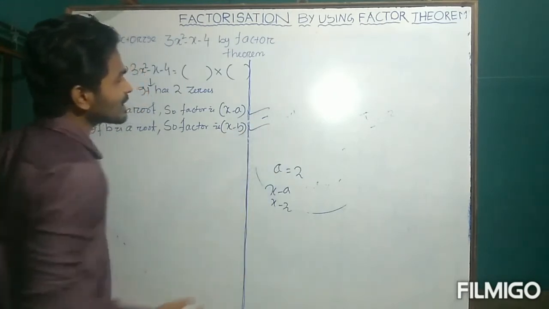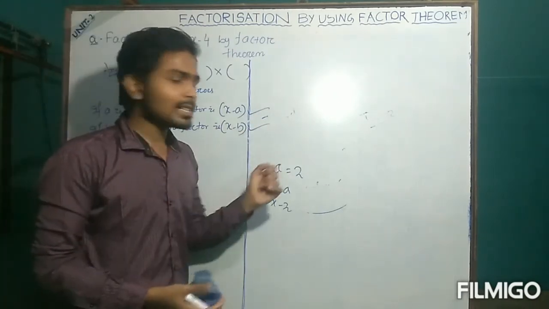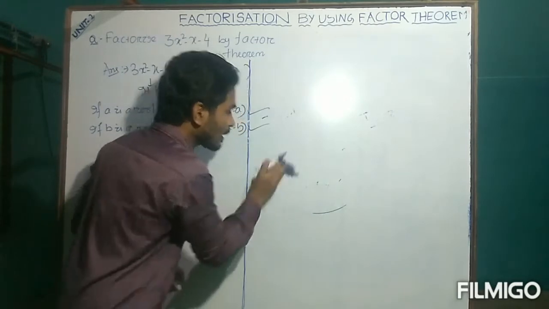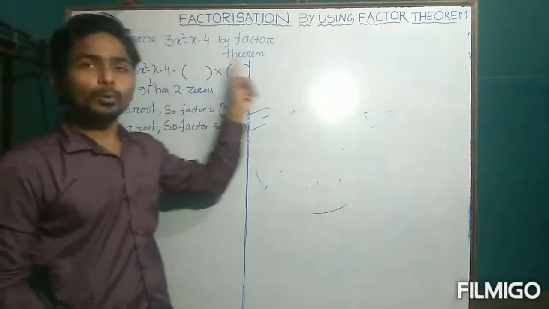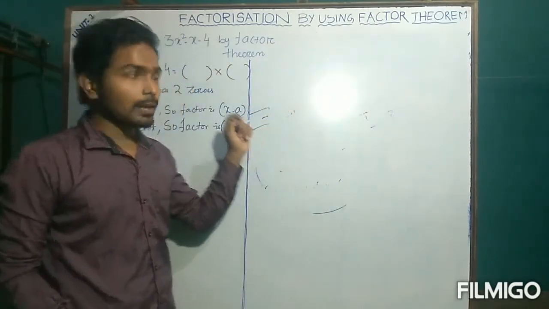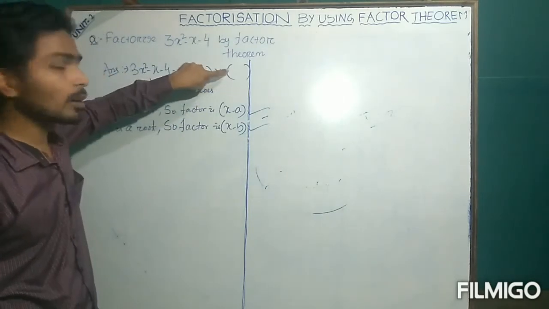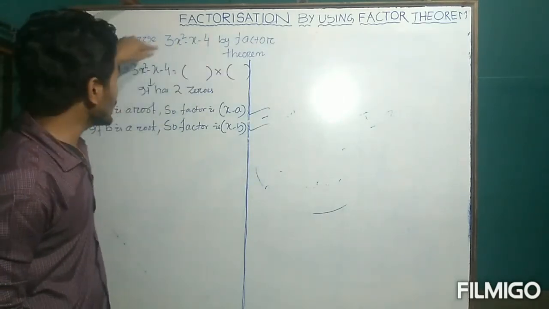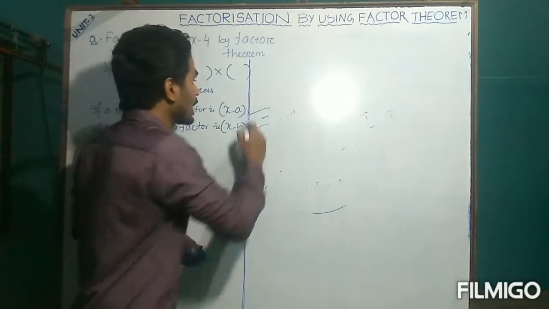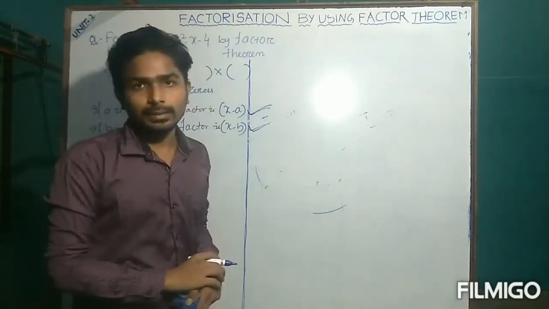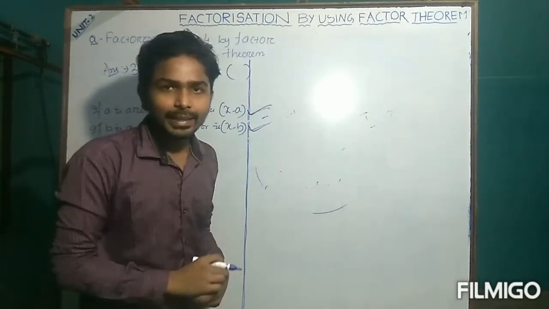Now the initial step has been completed. In the initial step we have converted the quadratic polynomial into two linear polynomials, and these two terms will be the factors of this quadratic polynomial. Now these are the two factors that we are going to find.